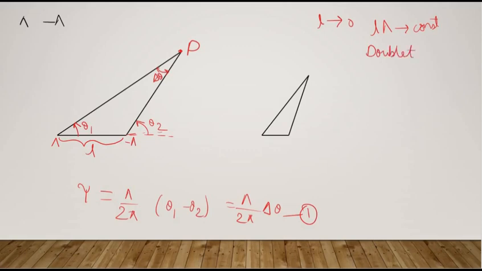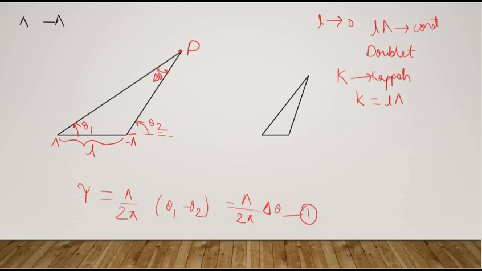Now, the strength of this doublet is denoted by the letter kappa, and this kappa is equal to L lambda, that is L into the strength of source.